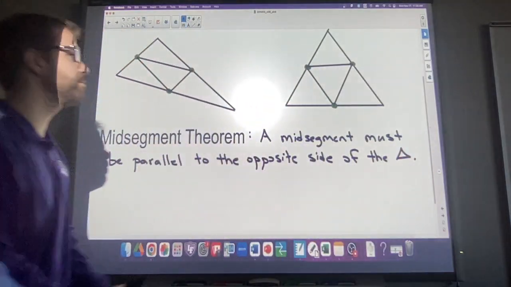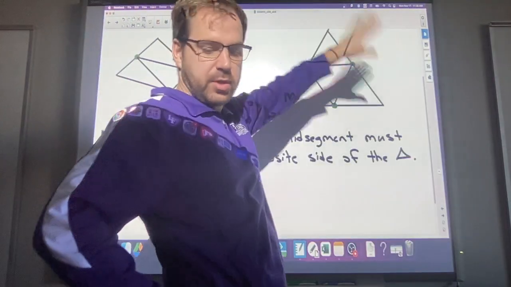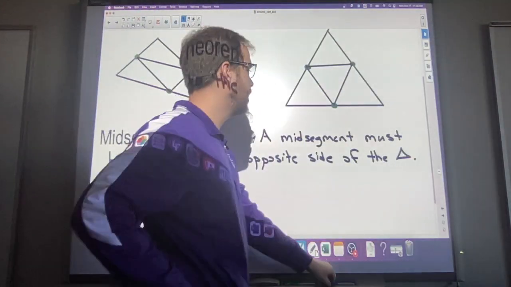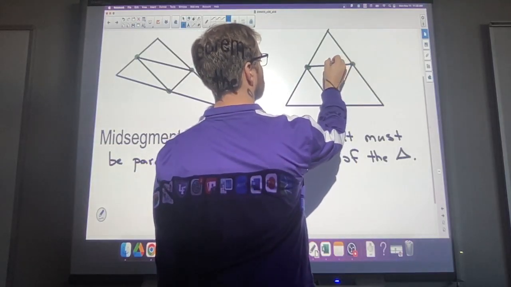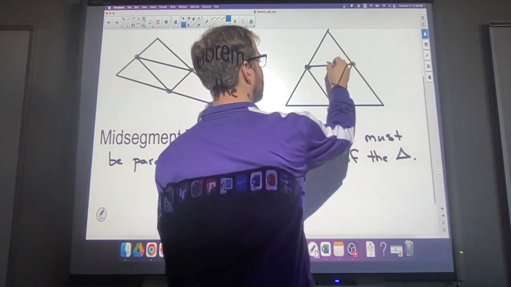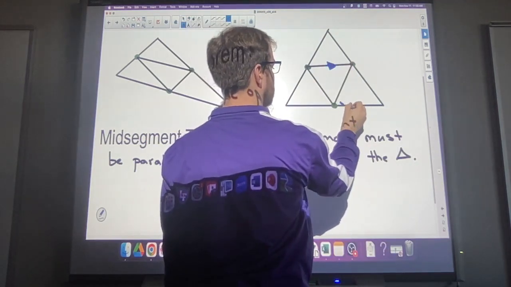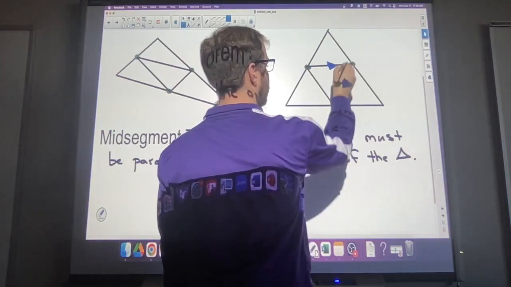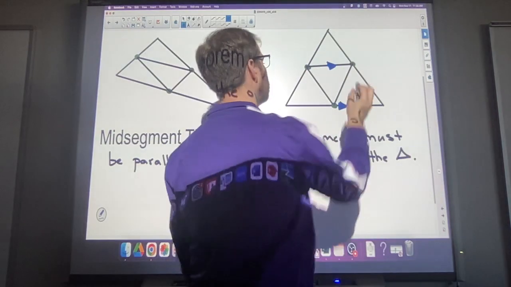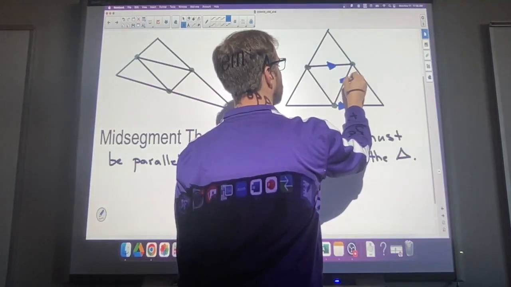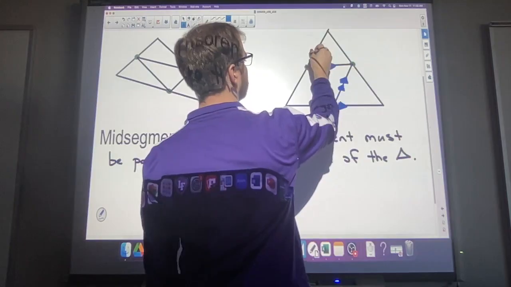Let's label that in this one here. We can say that this must be parallel to this. So this side must be parallel to this midsegment. Similarly, we could say that this must be parallel to this one here.